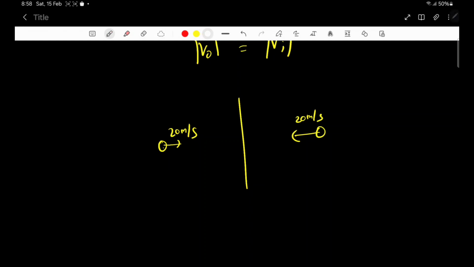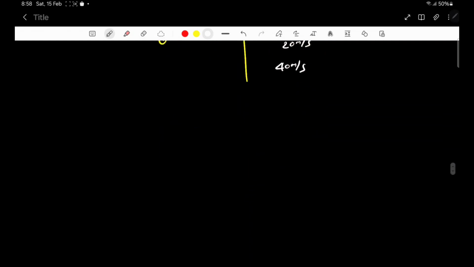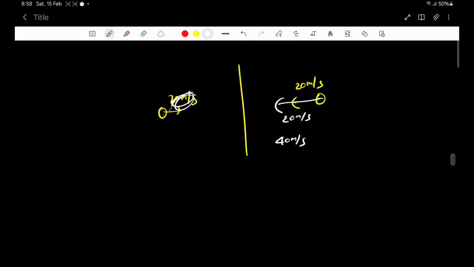So, if the object is looking into the image, that image may seem to be approaching the object at 40 meter per second, which includes the reverse velocity of the object also. It's so clear. And once you got this idea so clearly, then we can proceed further.